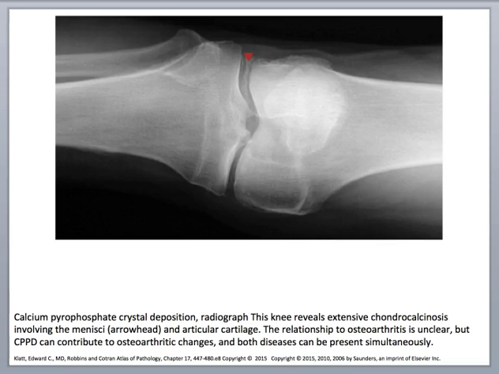This radiograph of a knee reveals extensive chondrocalcinosis involving the menisci, which is indicated by the arrowhead showing a linear deposition of crystals within the meniscus. Eventually, CPPD can contribute to osteoarthritic changes, and commonly both diseases are present simultaneously.